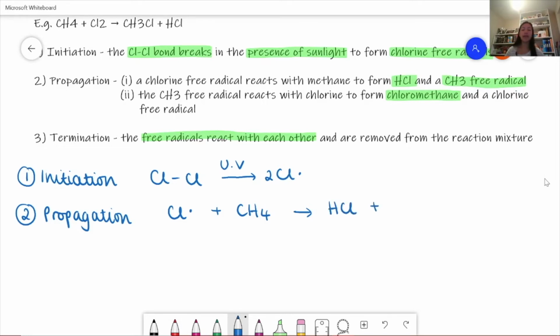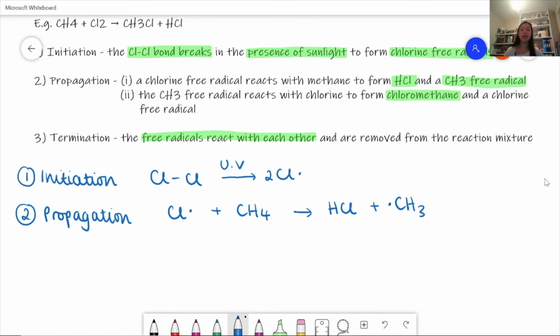And then that means that the methane will be left with one less hydrogen, so that itself is a free radical. And we always put the dot where the atom is missing. So the hydrogen is missing from the carbon, so we put the dot on the carbon.